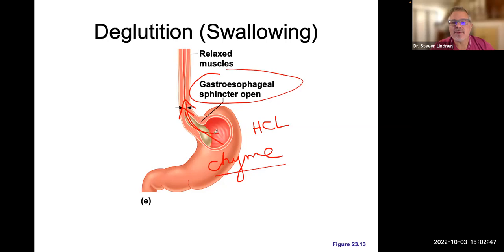So we don't want these acids splashing up because you could really damage the epithelium of the lower esophagus. Things that can weaken that sphincter are obesity, chocolate, too much coffee. They can really weaken and damage this, okay?